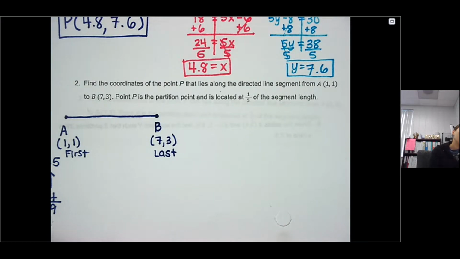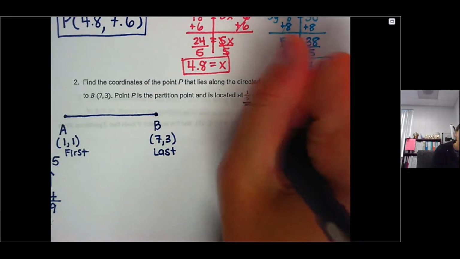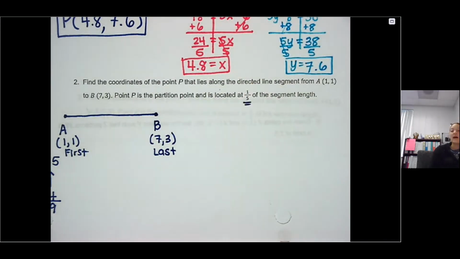Step 2, if you're given a fraction, you must rewrite it as a ratio. Was I given a fraction or a ratio for this problem? I'm given a fraction of 1/5. Now remember, that means one piece to the whole 5 parts. So if you were to rewrite that as a ratio, piece to piece, what does that look like? 1/4.